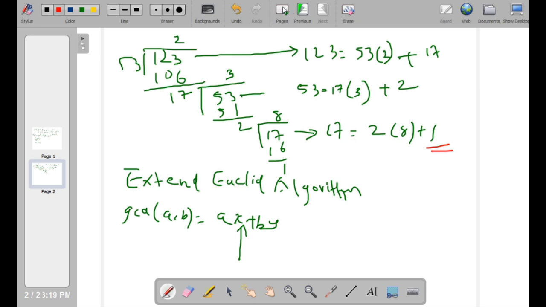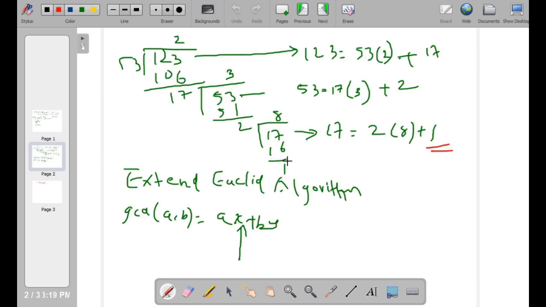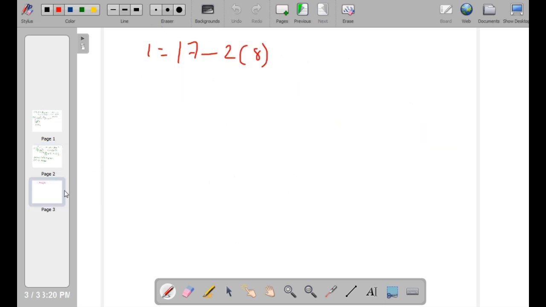Let us take a new page. 1 equal to 17 minus 2 into 8, and from this equation we will get 2 equal to 53 minus 17 into 3. So we will replace this 2 with 53 minus 17 into 3.